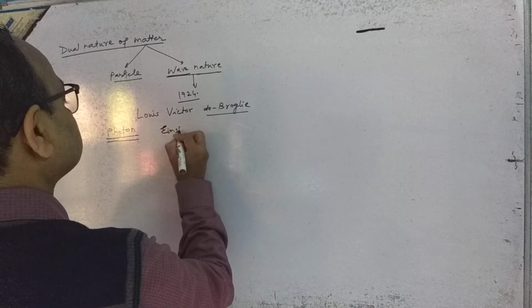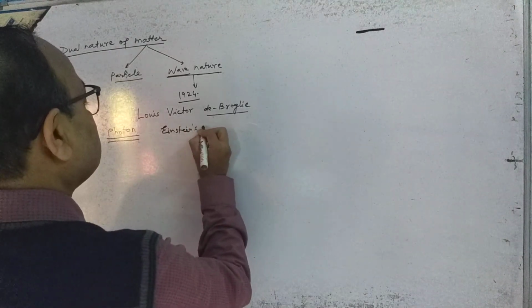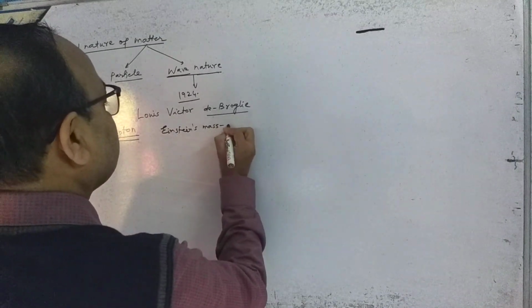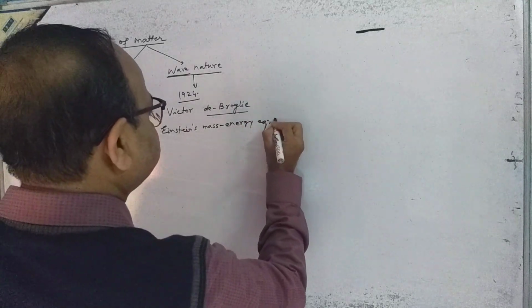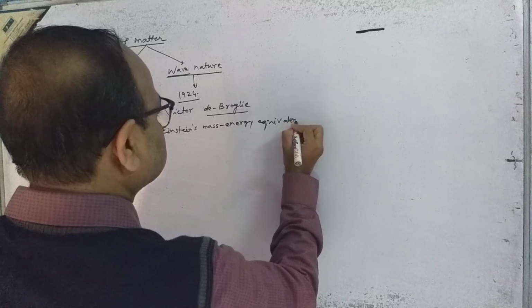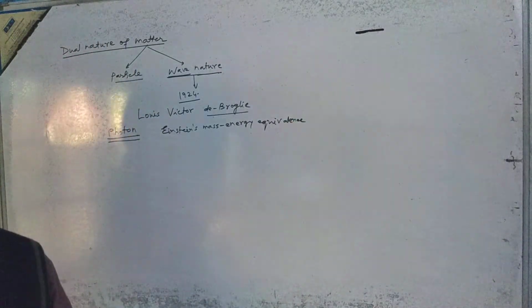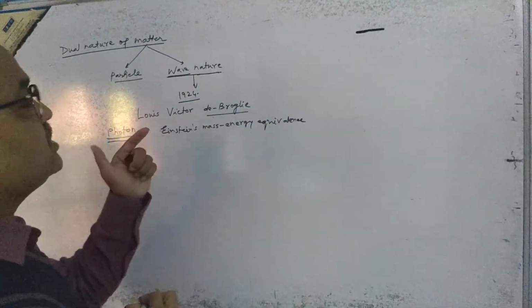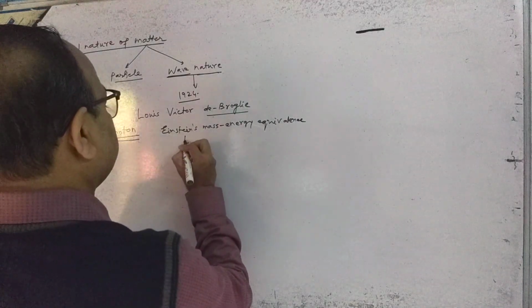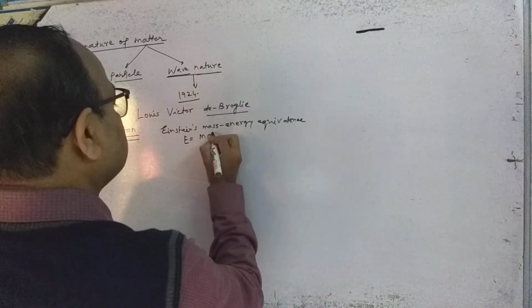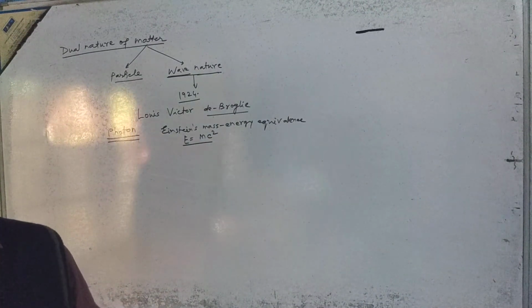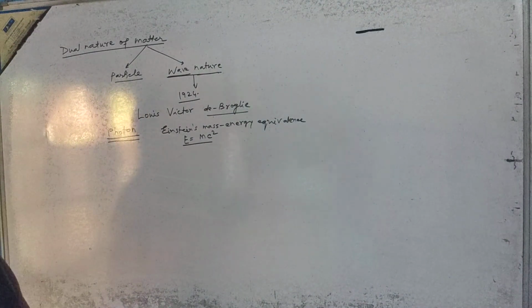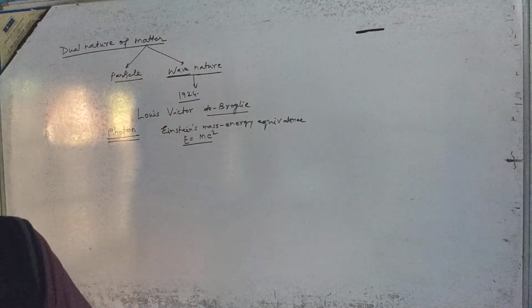Einstein's mass energy equivalence, in case of the photons, we can say the energy of the photon is given by E = mc². You can ask why? Because this is in Einstein's mechanics.